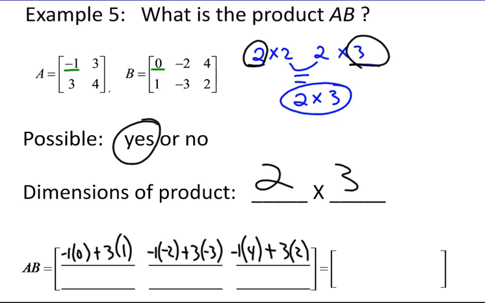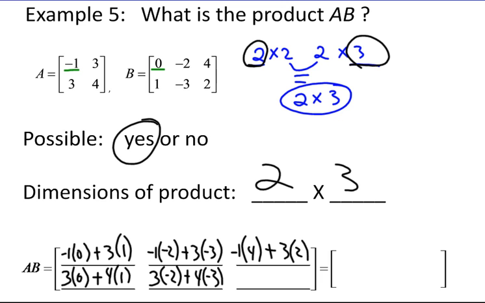Then we're going to take the second row multiplied by the first column, 3 times 0 plus 4 times 1, and 3 times negative 2 plus 4 times negative 3. That's the second row, second column.